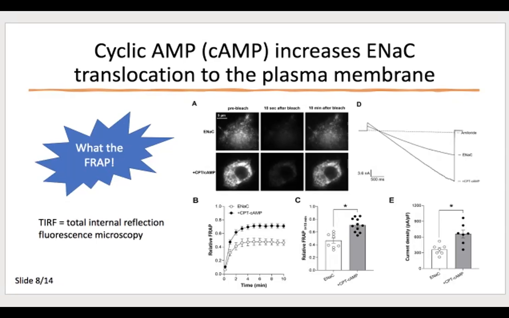We compared the fluorescence recovery between untreated and cyclic AMP analog treated cells. We observed an increased fluorescence recovery in the cyclic AMP treated cells compared to the untreated cells, and this indicates that cyclic AMP increases ENaC translocation to the plasma membrane. This is summarized in figures B and C.